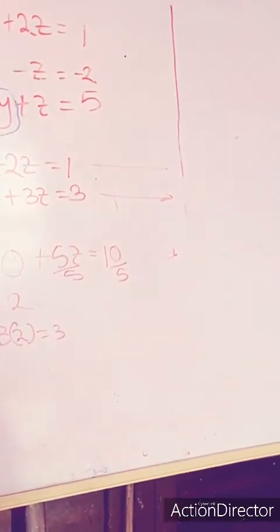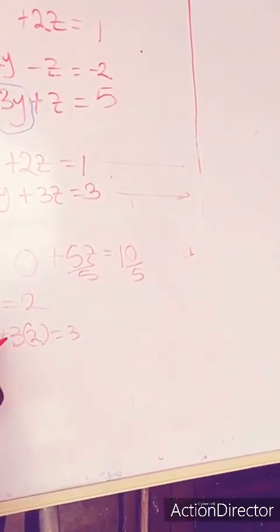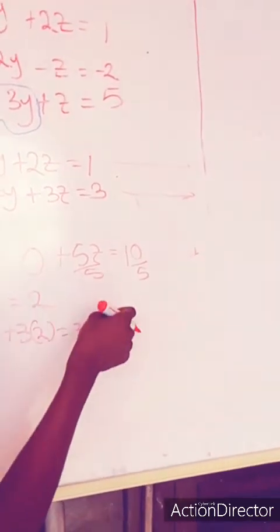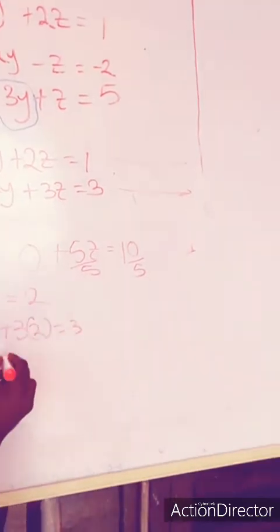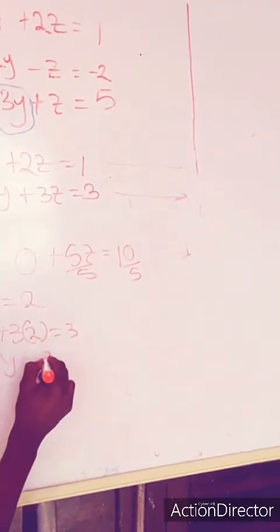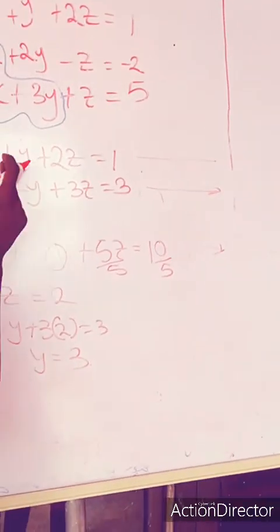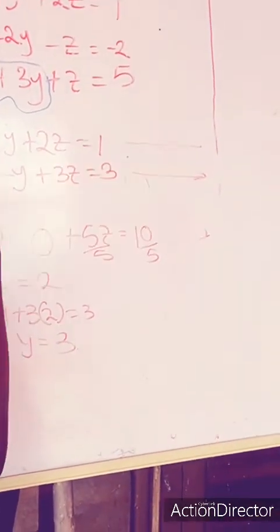If I do that arithmetic very well, you have minus y plus 6 equals 3. You subtract 6 from 3, you have minus 3. Minus cancels minus, so my value of y equals what? 3.